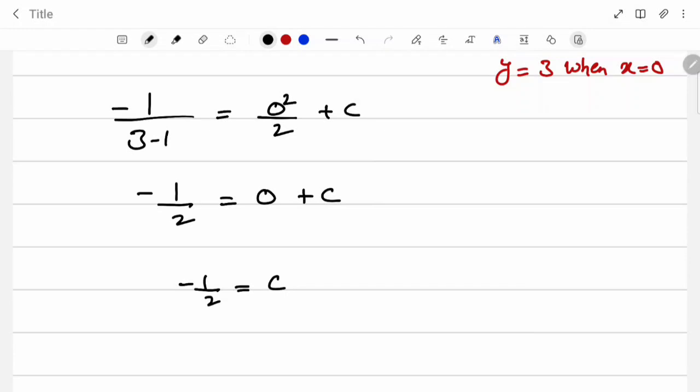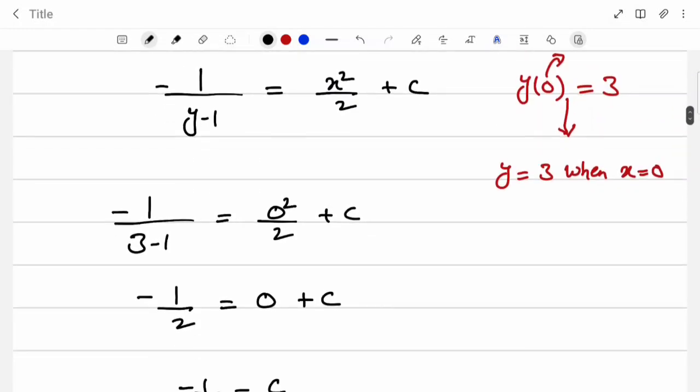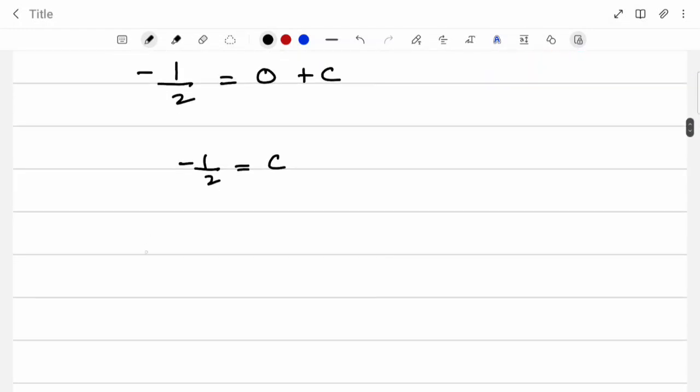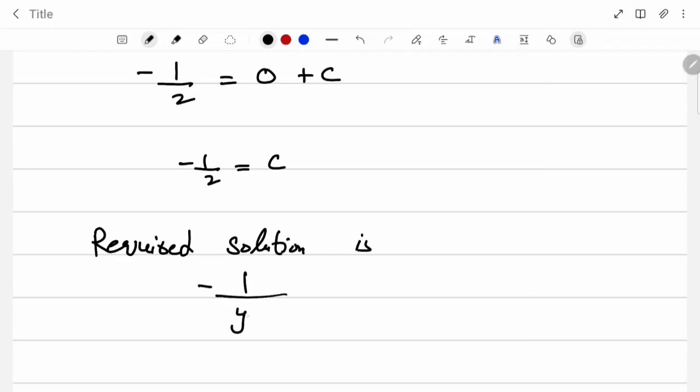We just need to plug it into the differential equation. So the required solution is minus 1 over (y minus 1) equals x squared by 2 minus 1 by 2.